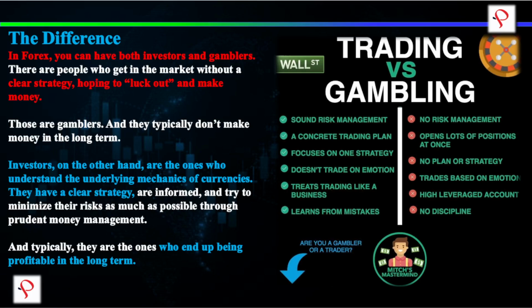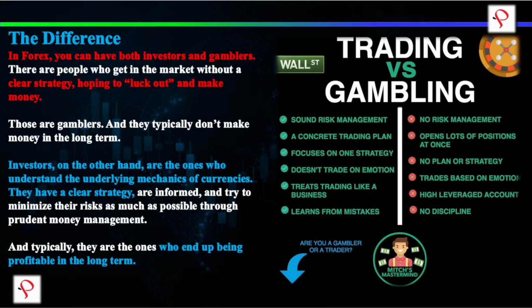Alright? In forex, you can have both investors and gamblers. There are people who get into the market without a clear strategy, hoping to get lucky and make money. Those are gamblers, and they typically don't make money in the long term. Investors, on the other hand, are the ones who understand the underlying mechanics of currencies.